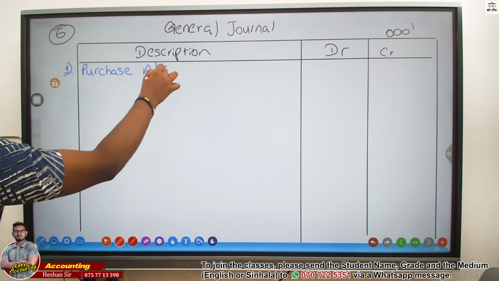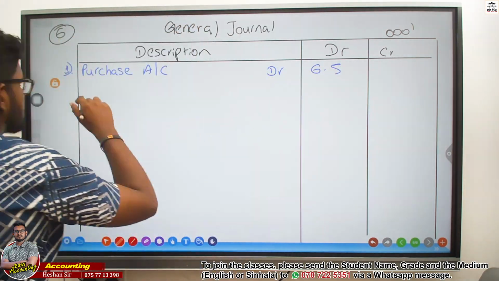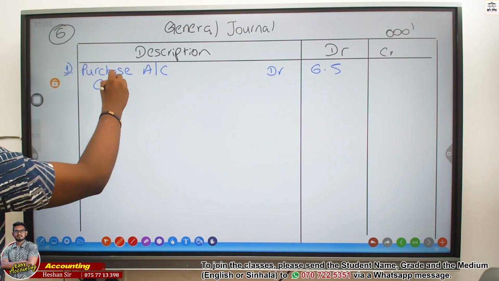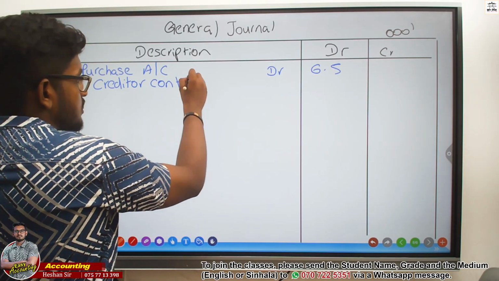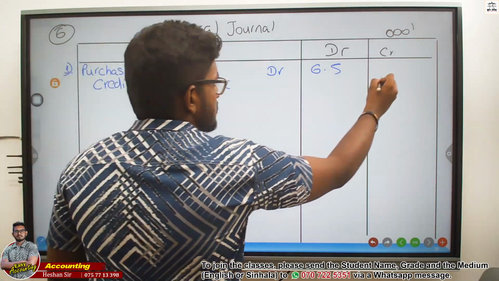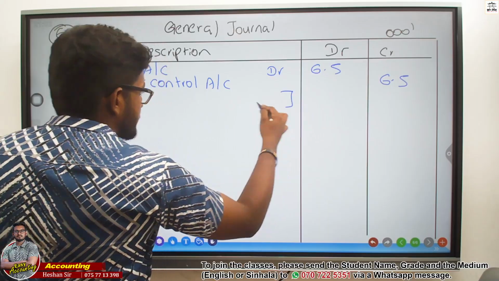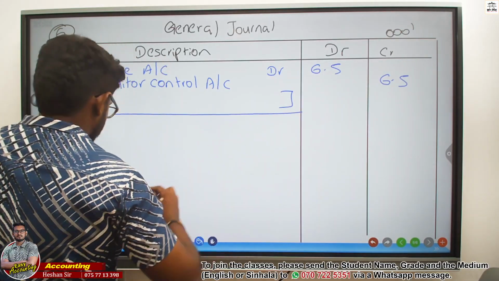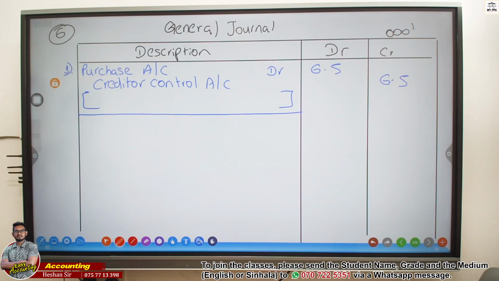Purchase account debit 6,500. Creditor control account credit 6,500. Write the narration: recorded the total of the purchase journal in the general ledger.